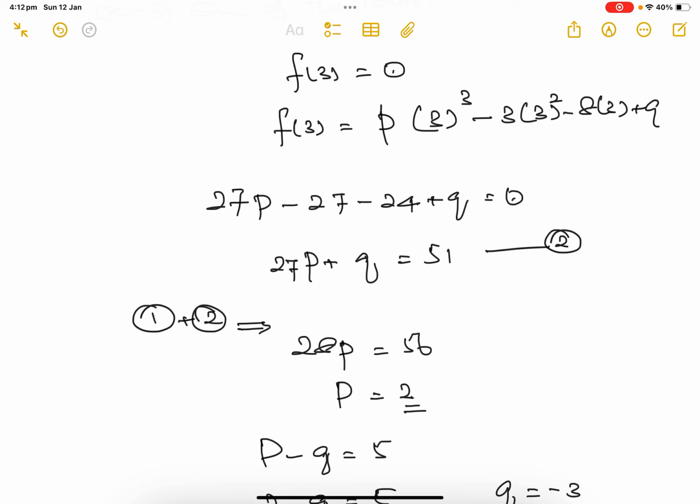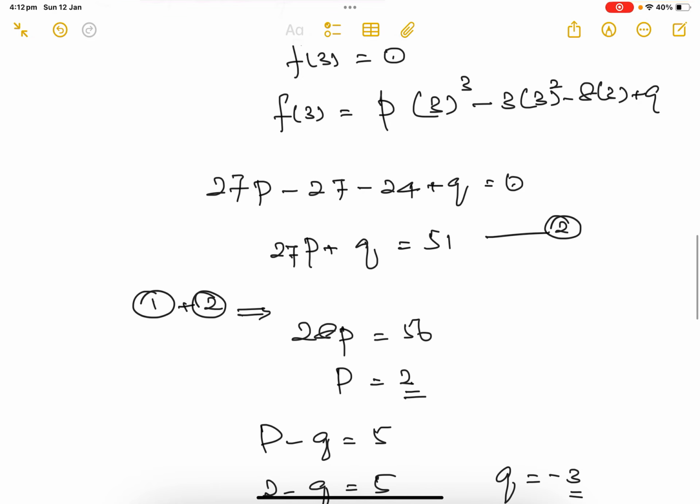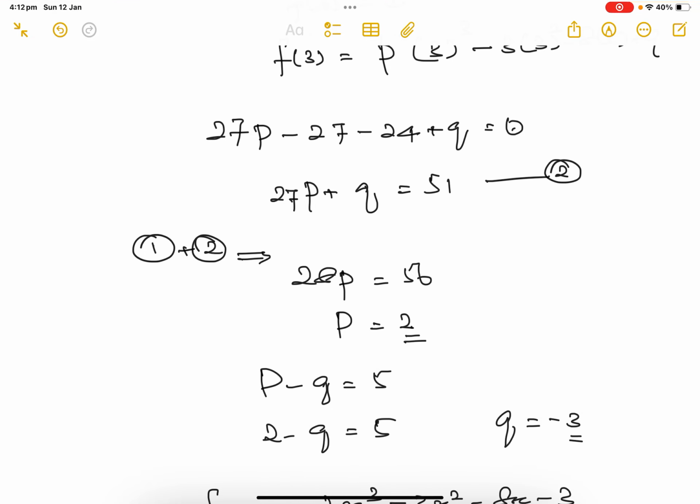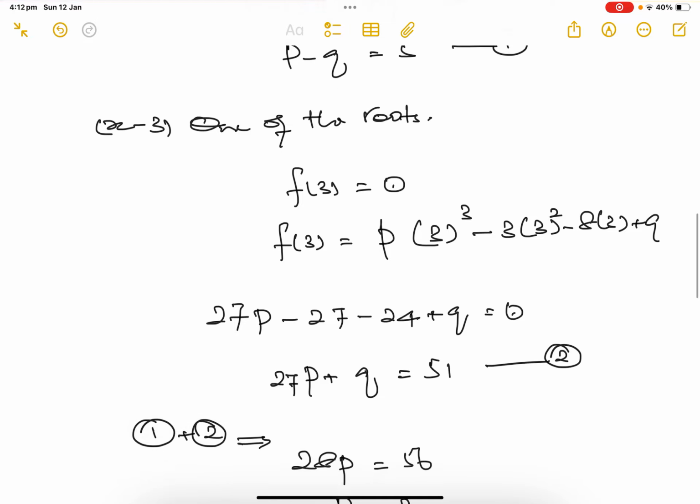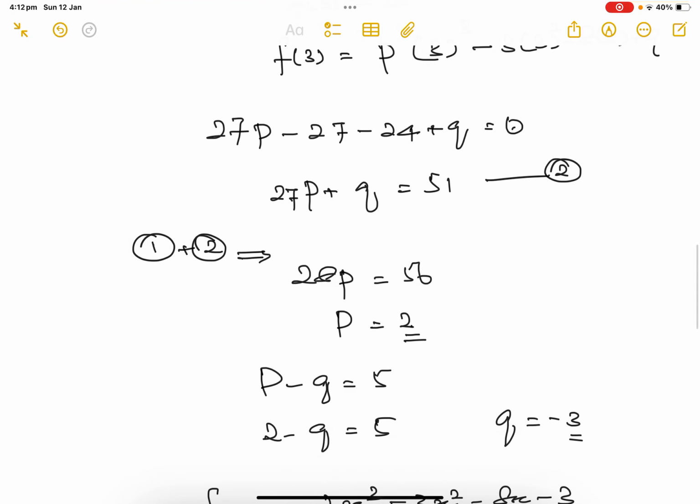If we add equation 1 and 2, we can eliminate q easily. So that is the whole idea. Adding equation 1 and 2, we have 27p and another p, that is 28p, equal to 56, because 51 plus 5 is 56.